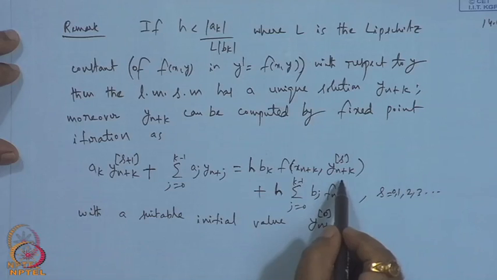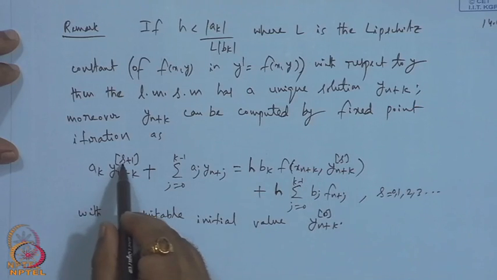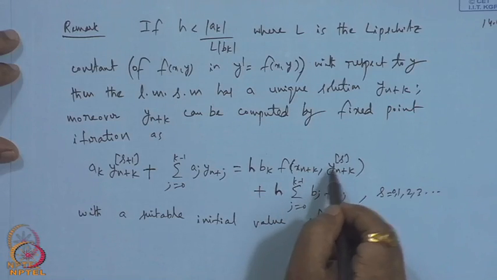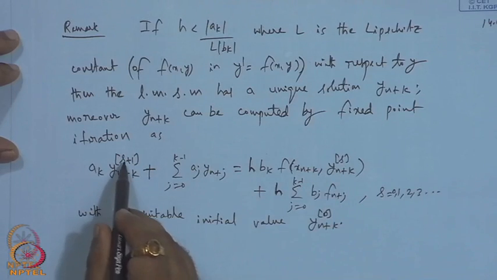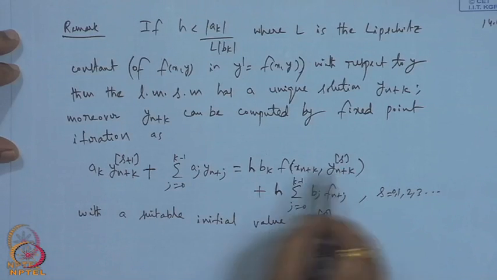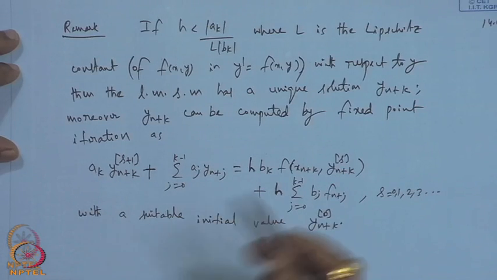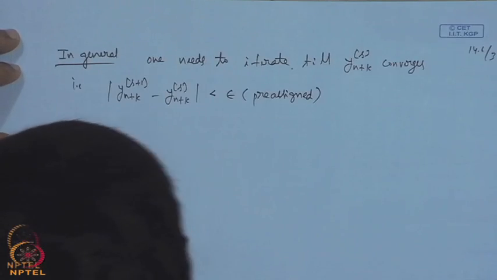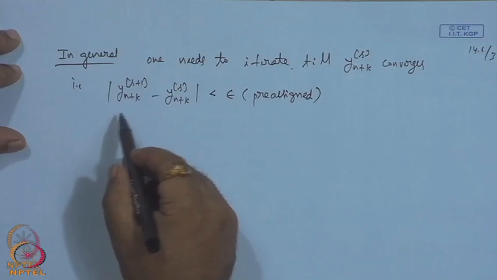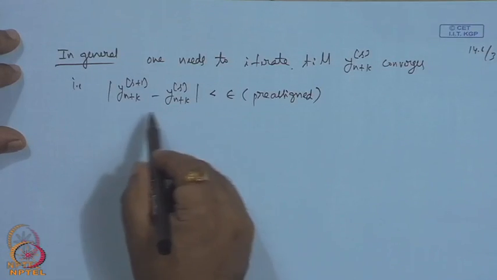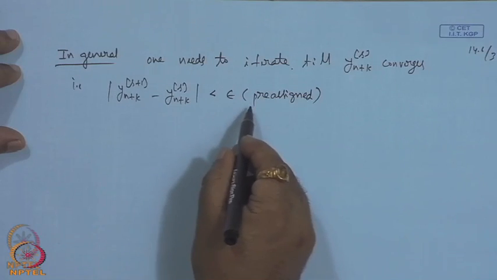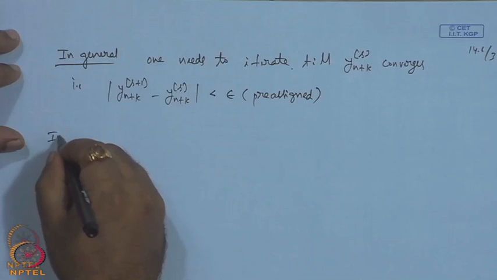Once you have such a method, you plug in some initial value and compute. For example, s is 0, we know the initial y n plus k 0, you put it here, compute, then the right hand side will give y n plus k 1, put it there for s equals 1, then we get 2. But the question is how long we do it. We do it until the difference between two consecutive iterates is less than epsilon, that means it agrees up to the desired pre-assigned accuracy.